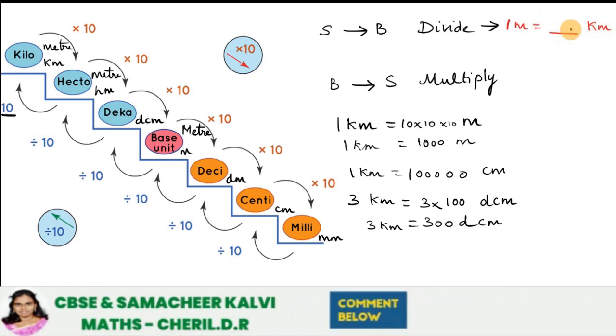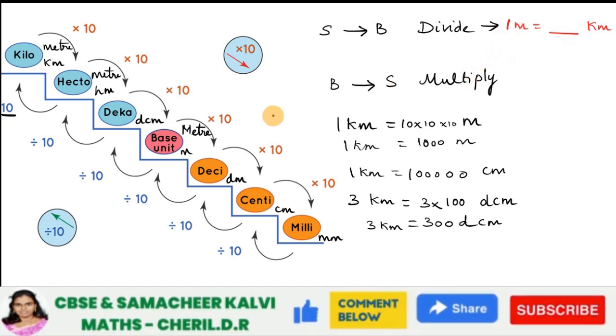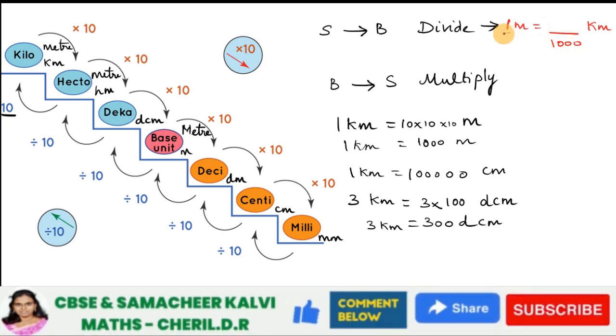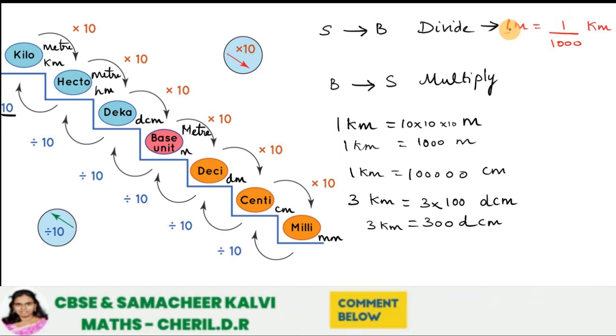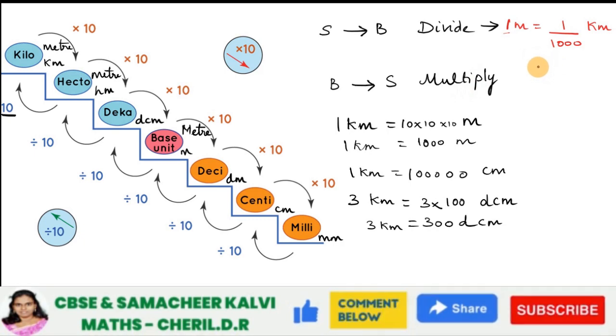You are going to divide. How many leaps are there from meter to kilometer? 1, 2, 3. So you put 3 zeros. What will be in the numerator? This number will be in the numerator. So if it is 1, you will have 1. If it is some other value, you will have that particular value. Is it easy now? Yes.